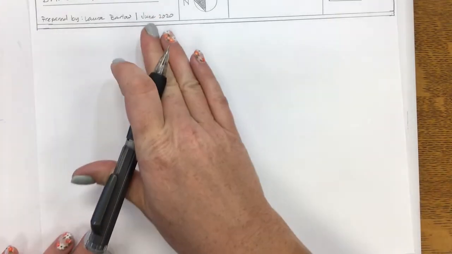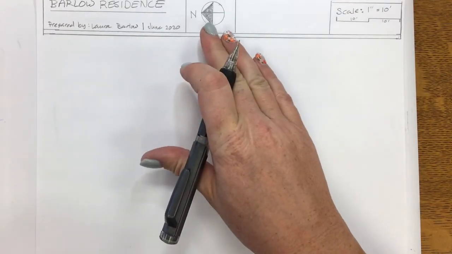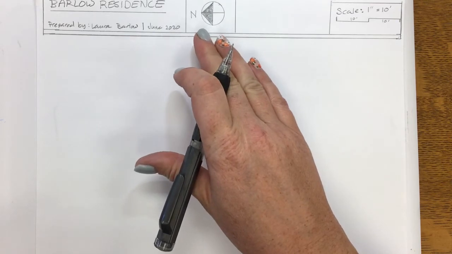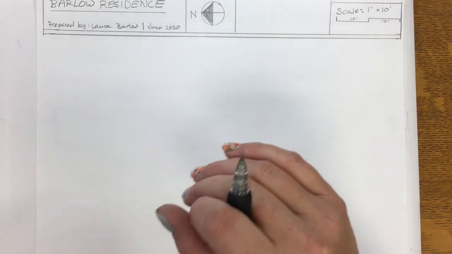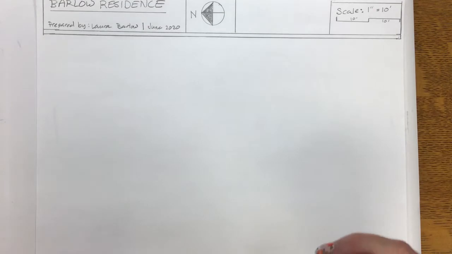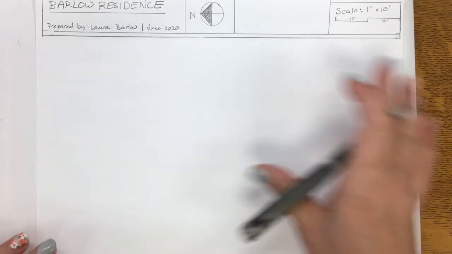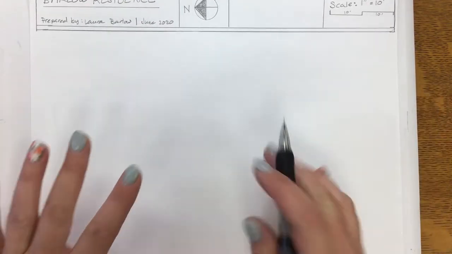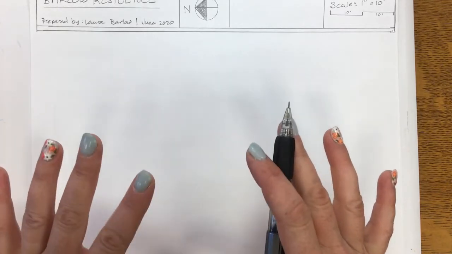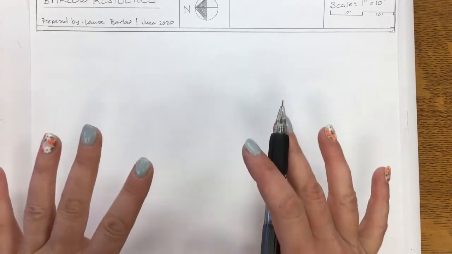We now have a title, we have a date, we have a legend. What else do we need? We have our plan name, we have our scale that we did in the previous video. The only other thing we really need to have on here is a list of plants that we want to use and plant symbols.